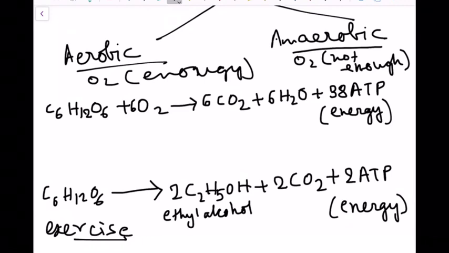Sometimes we sweat and give out the toxins, and we need to drink a lot of water to urinate out the toxins. Energy we need but get very little, so we get very tired after exercising, right? So these are the 2 types of respiration depending on whether oxygen is available in ample amount or we have got less oxygen.